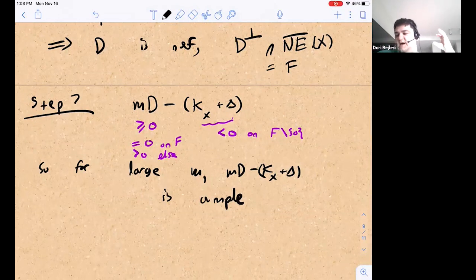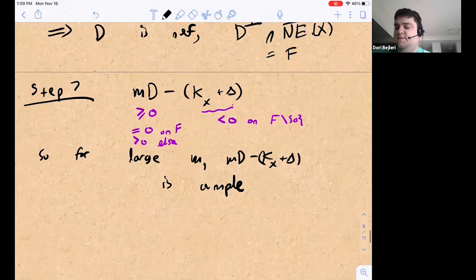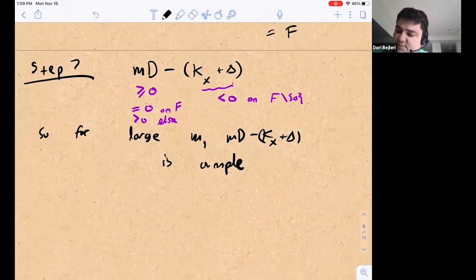Because if you're on F, we have 0 minus something negative, something strictly negative, so we're positive. And if you're away from F, we have something positive minus something fixed. So as long as we make M very large, then we get it strictly positive. So this difference is ample, and D is an F by construction.